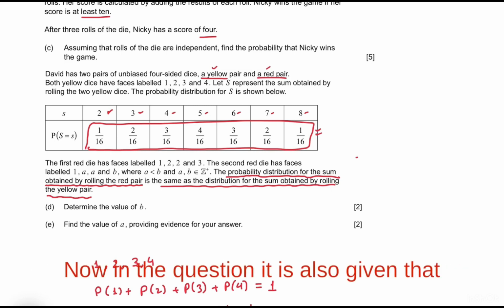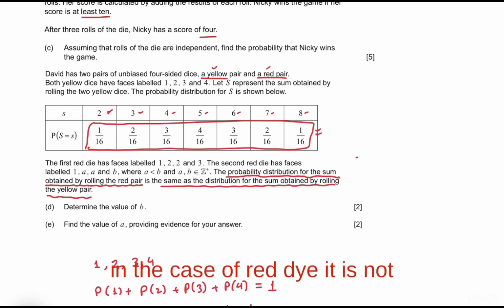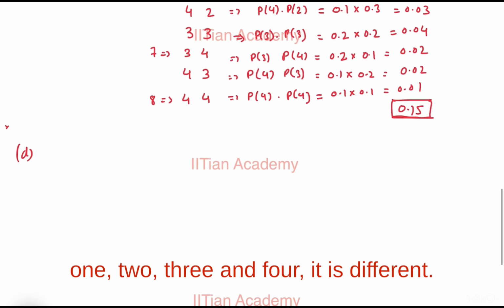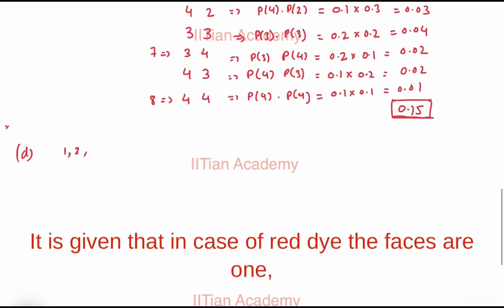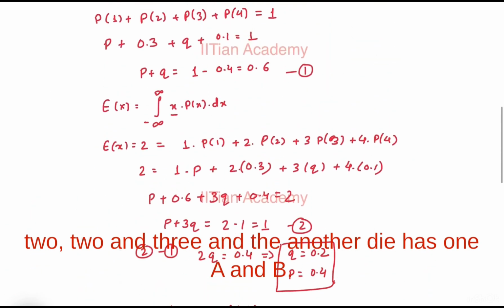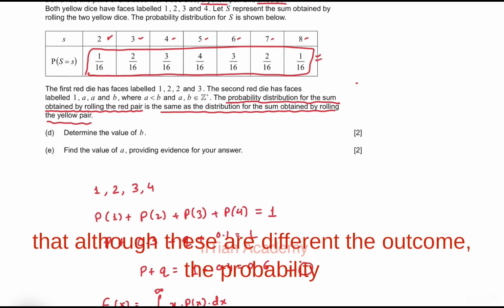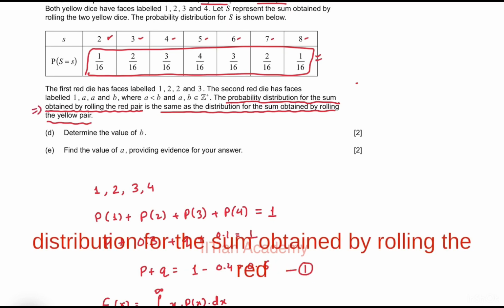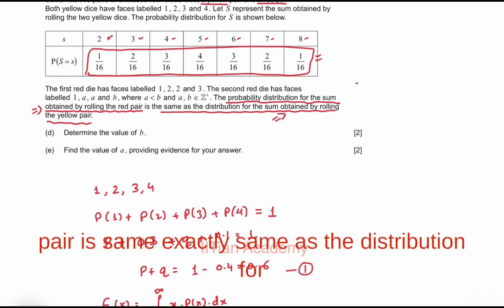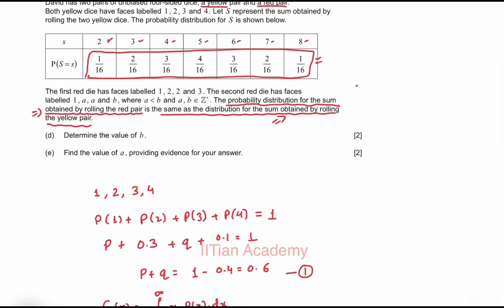Now in the question it is also given that in the case of the red die, it is not 1, 2, 3 and 4, it is different. What is the difference? It is given that in case of the red die, the faces are 1, 2, 2 and 3, and the other die has 1, A and B. But at the same time, it is also given that although these are different, the probability distribution for the sum obtained by rolling the red pair is exactly the same as the distribution for the sum obtained by rolling the yellow pair.